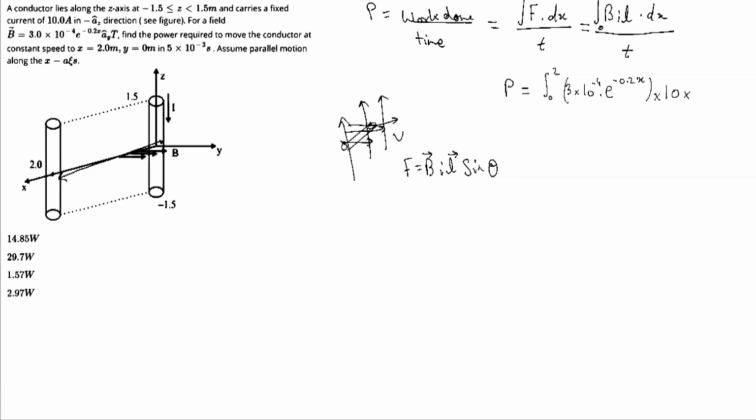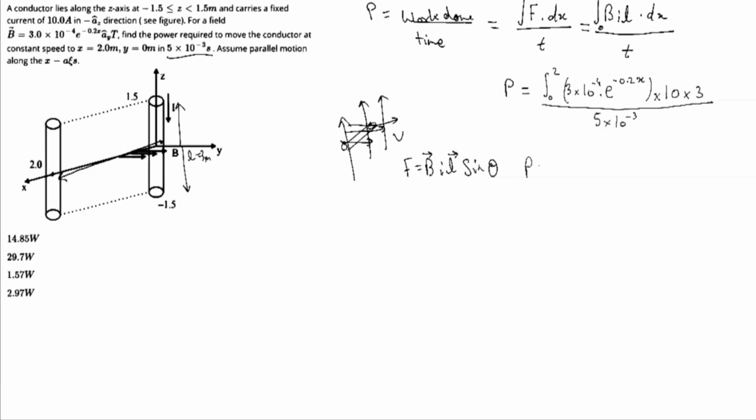We can see that this is positive 1.5, this is negative 1.5, so the value of L is 3 meter. So we put the value 3. Now we divide this with the given time, which is 5 into 10 to the power minus 3 seconds.